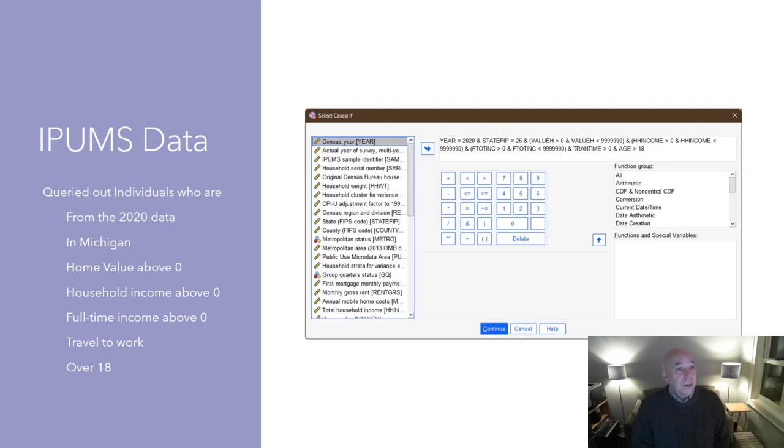And then I needed to eliminate the cases where home value wasn't reported, and those are listed as 9999999. There are actually 7 nines in a row if you go look at the data set.